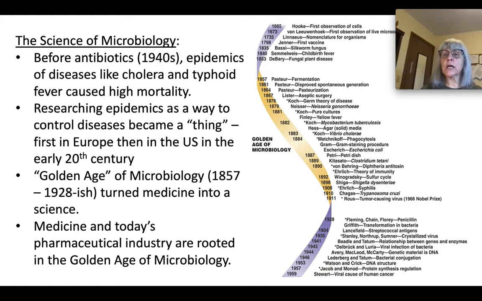There was high mortality with some of these, such as cholera and typhoid. So there was a lot of support from the public to research these epidemics and to control these diseases. This is why it became such a priority in the 1800s.